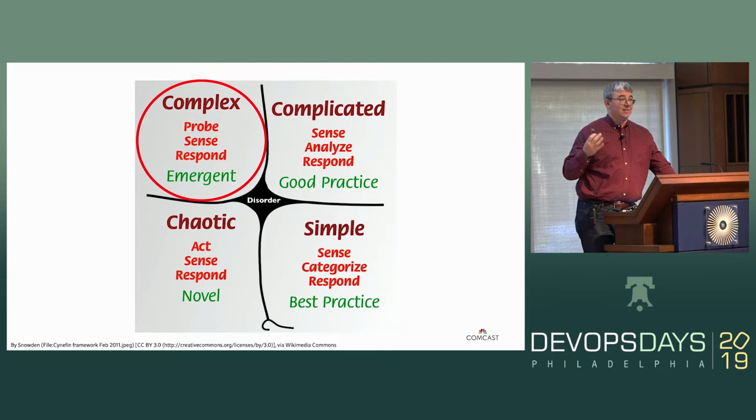The next level are complex problems, and these are ones, or systems, where we can't necessarily have predictive knowledge of cause and effect. We can understand what happened afterwards. So if this was a tennis ball instead, and I was to say, hey, I'm going to throw this tennis ball out in that direction, where will it land?